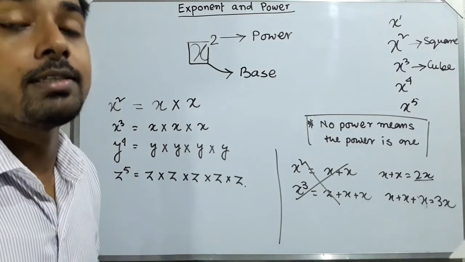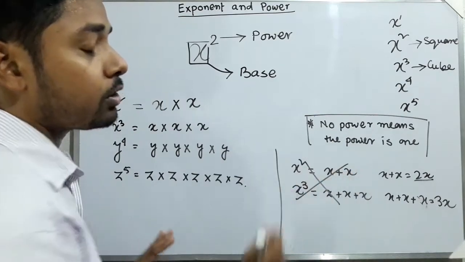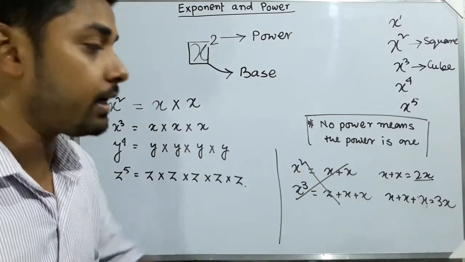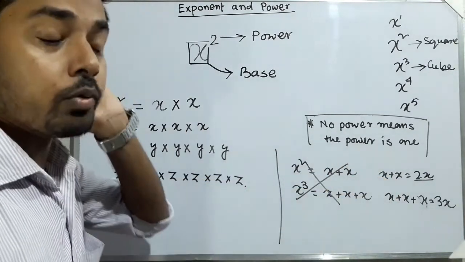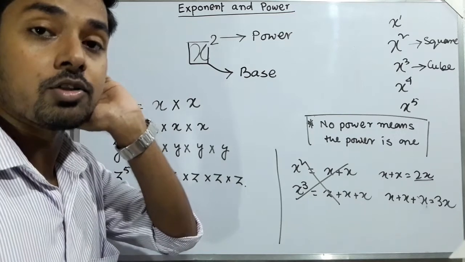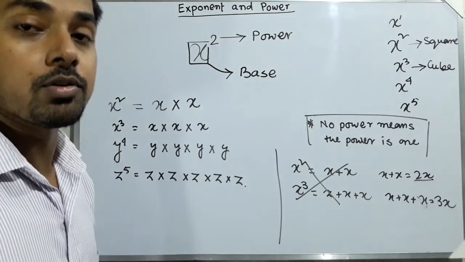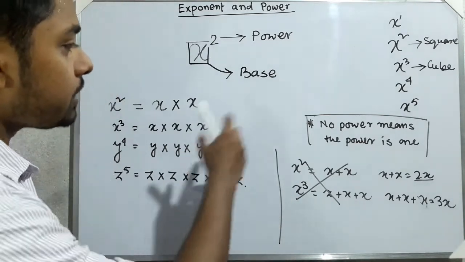This is the difference. You have to know the comparison between them also. Otherwise, sometimes you may be confused whether x plus x equals 2x or x plus x equals x to the power 2. So you should know the proper difference between them.